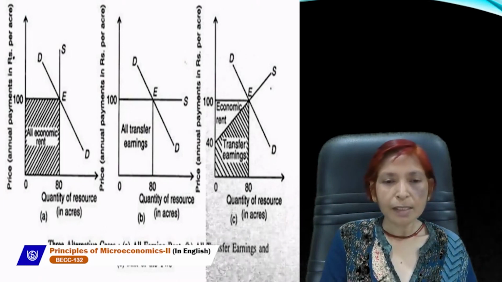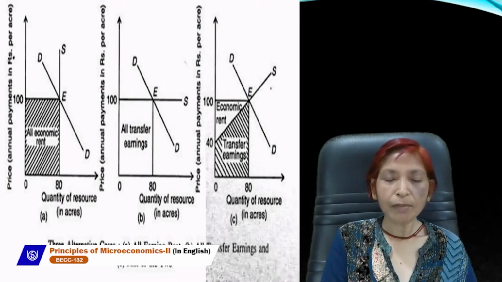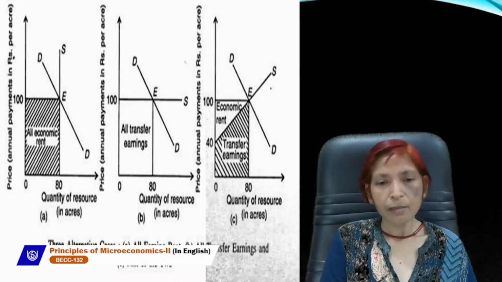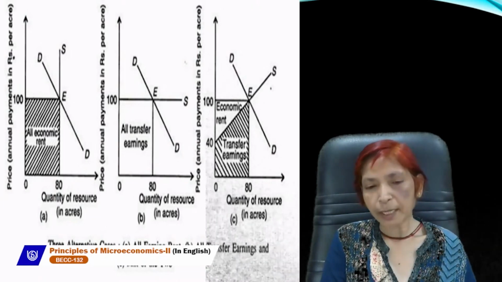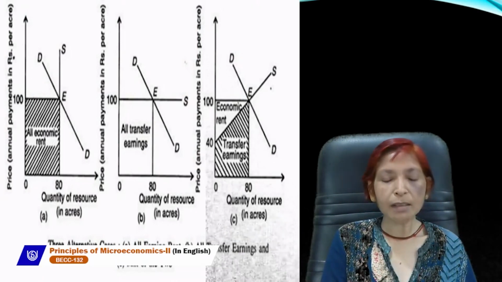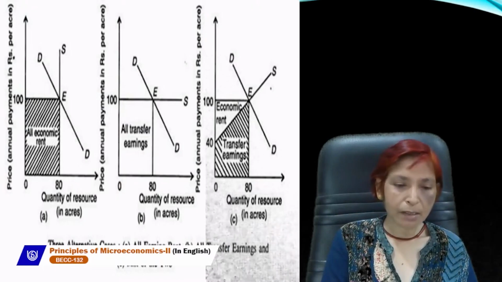And we are seeing that here the portion which lies above the supply curve is called economic rent, and the portion which lies below the supply curve is called transfer earning. So these are the three situations of economic rent.